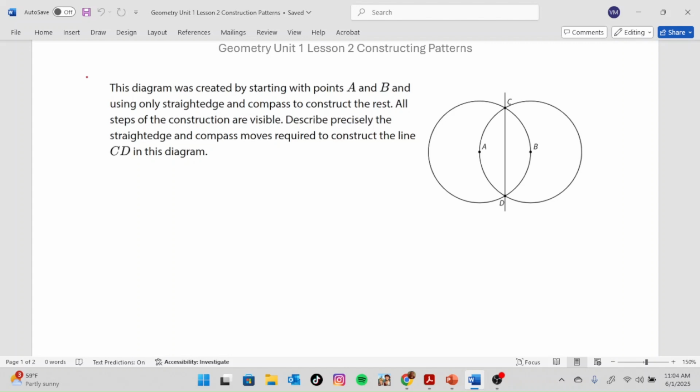So for the first step, let's describe how we would make the circle on the left.